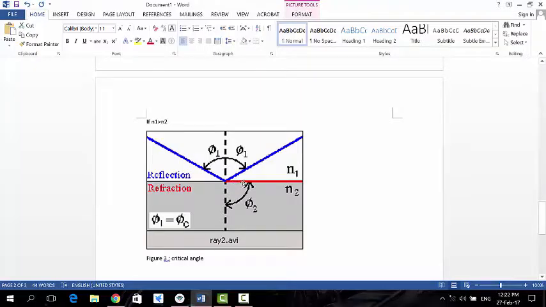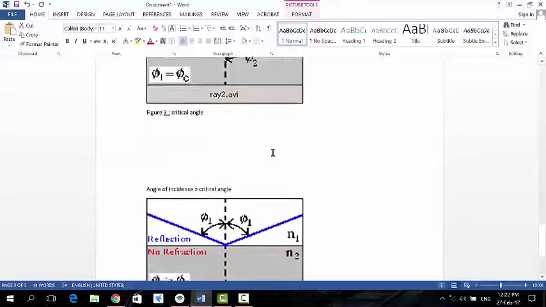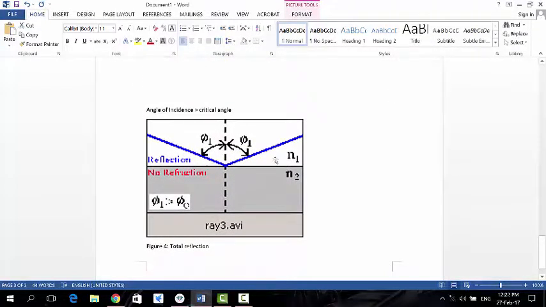The corresponding angle of incidence is called the critical angle. This becomes the critical angle, and this is 90 degrees and parallel to the interface, if n1 is greater than n2.